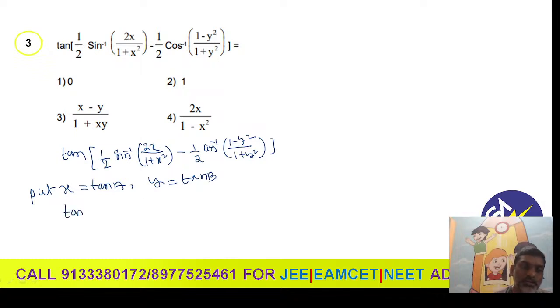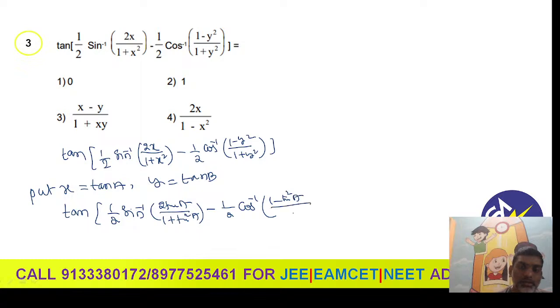so that we can get here tan of 1 by 2 into sine inverse of 2 tan A divided by 1 plus tan square A minus 1 by 2 into cos inverse of 1 minus tan square A divided by 1 plus tan square A. So this can be written as tan of 1 by 2 into sine inverse of sine 2A, and minus 1 by 2 into cos inverse of cos 2A.